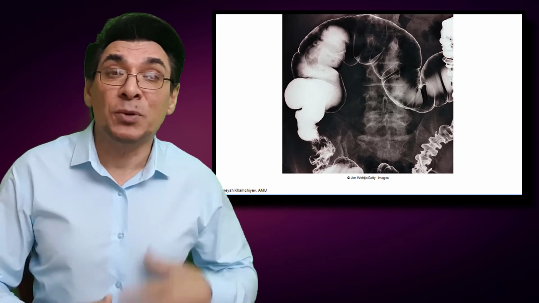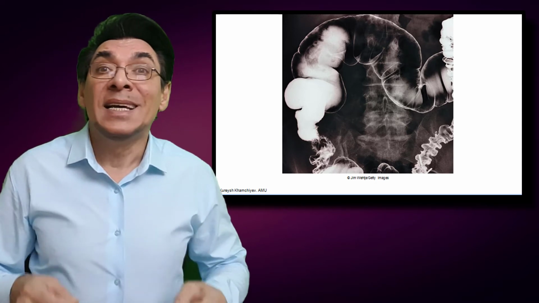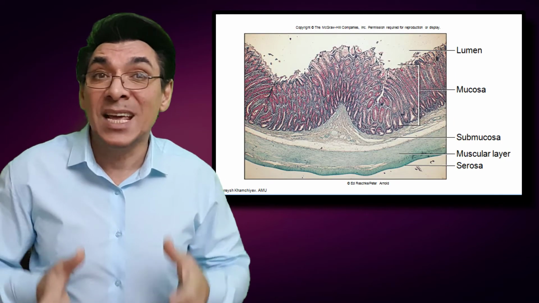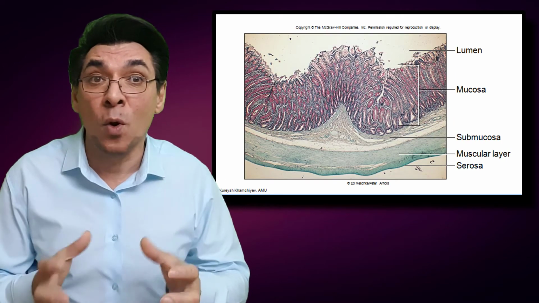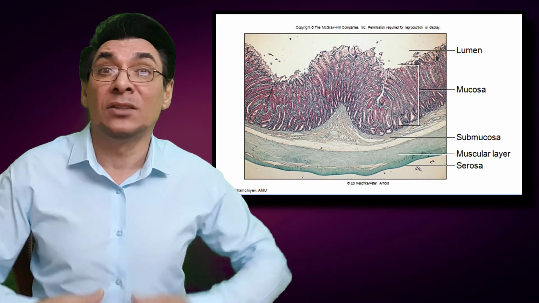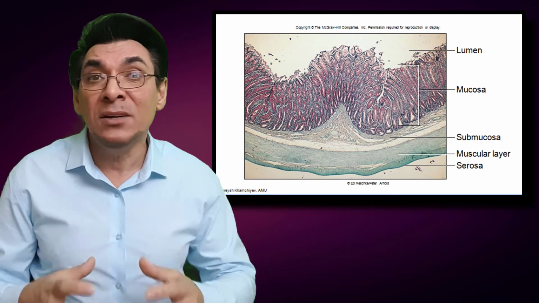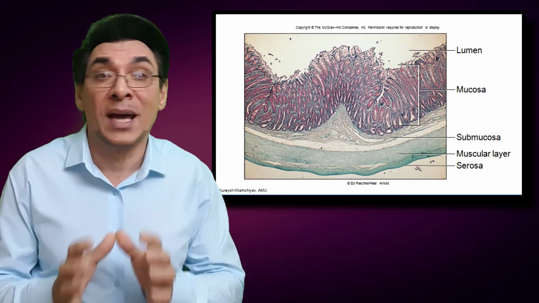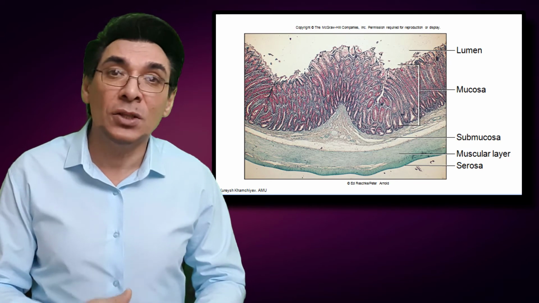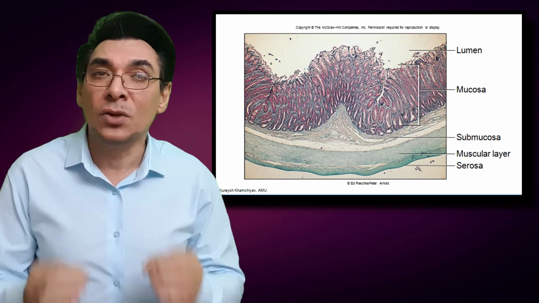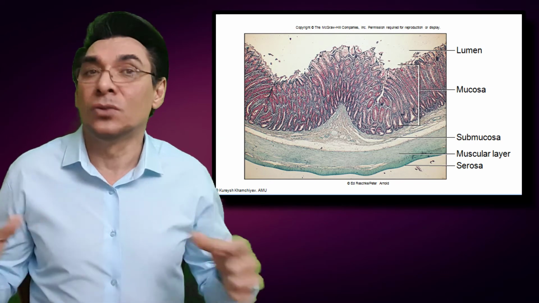Action potentials produced in response to the distension travel along sensory nerve fibers to the sacral region of the spinal cord, where motor action potentials are initiated that reinforce peristaltic contractions in the lower colon and the rectum. Action potentials from the spinal cord also cause the internal anal sphincter to relax.